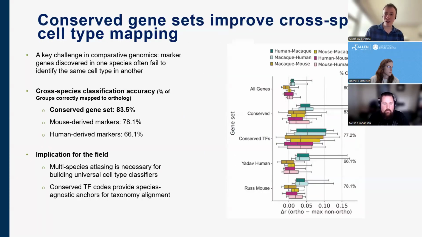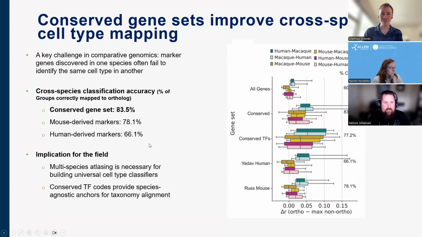And I think for our last bit of transcriptome, we have these cross-species analyses, and we wanted to know whether different groups of genes can use these markers to map cell types across species. And we see that the conserved genes outperform other gene sets, which I think makes sense.